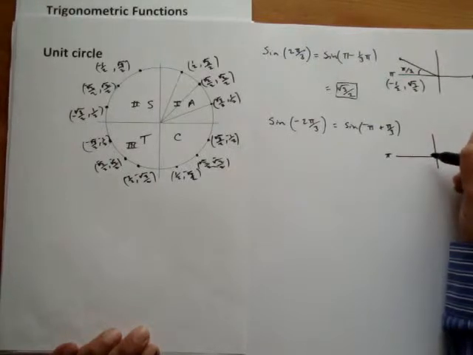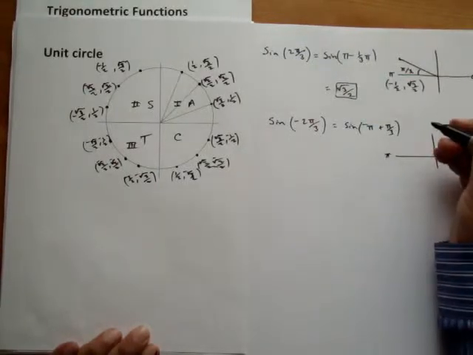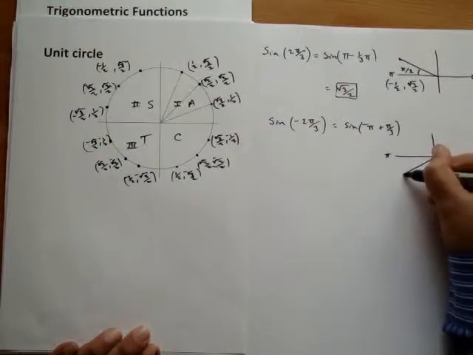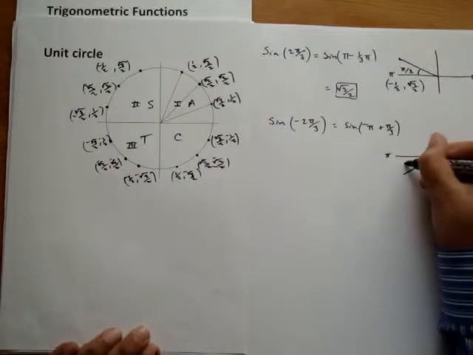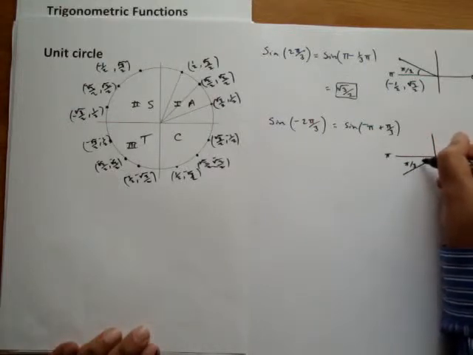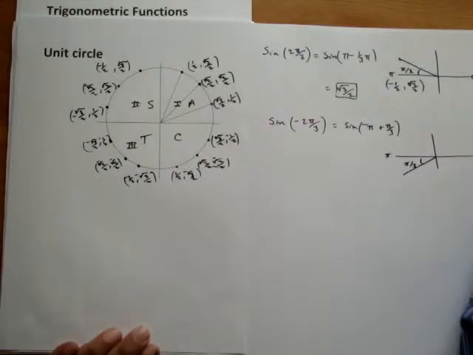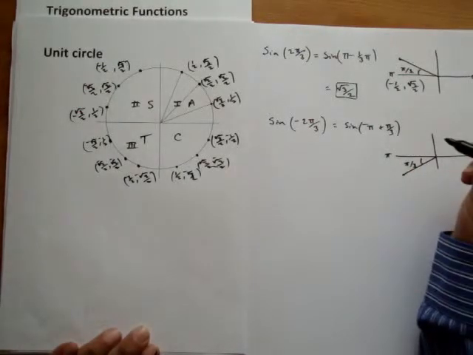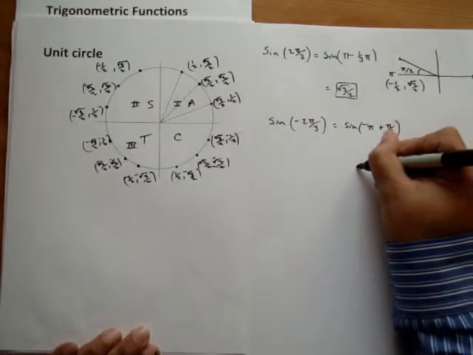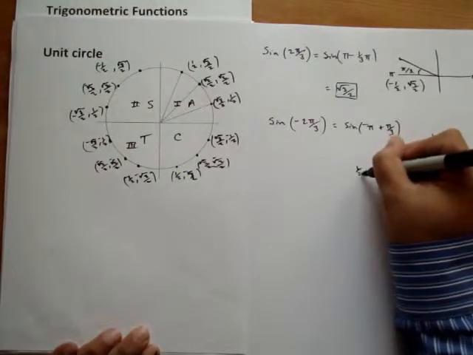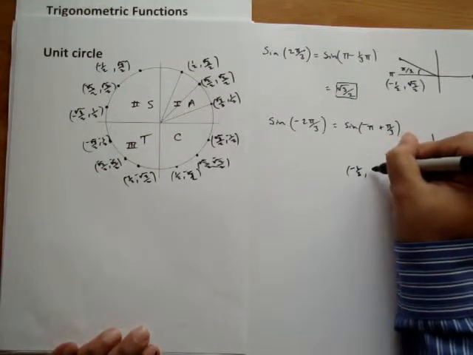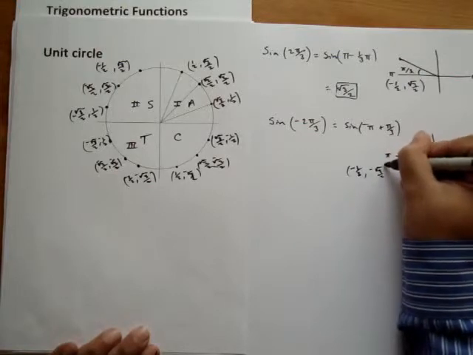So pi minus pi is here, and plus pi over 3 we would get, from our unit circle we know that the values of the sine and the cosine are minus a half and minus square root of 3 over 2.